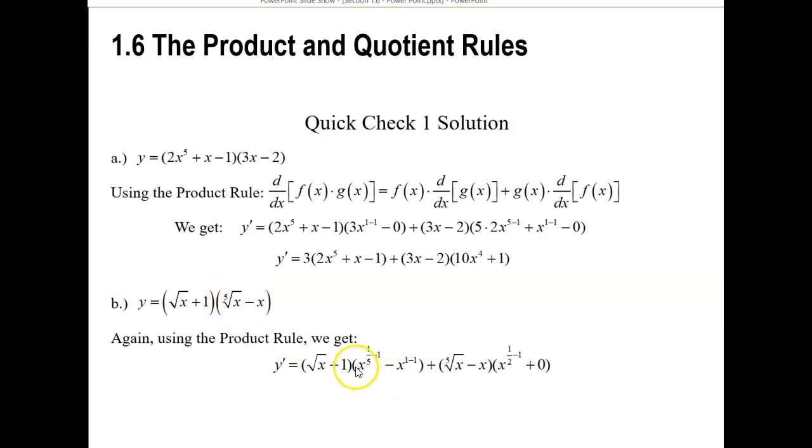So that 1/5 would have come down to the front. And then they would have gotten 1/5 minus 1 minus, and then here we've got the coefficient is already 1. Drop down the 1 and then 1 minus 1. Plus second function times the derivative of the first. Again, that x to the 1/2 would have put the 1/2 in the front times x to this power, right?